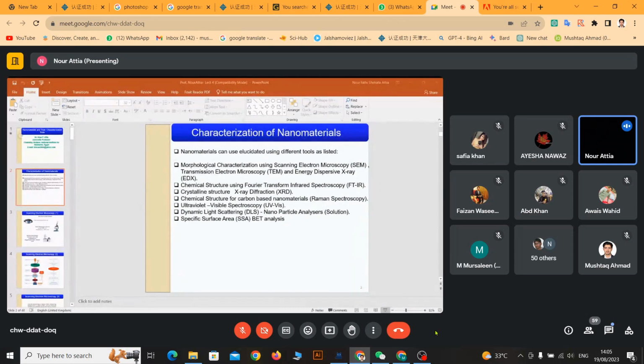transmission electron microscope, and the energy dispersive X-ray, which is a unit equipped to transmission and equipped to scanning. Okay, and the chemical structure using Fourier transform infrared spectroscopy, which we call FTIR, and this is everywhere, and crystalline structure using X-ray diffraction, and the chemical structure for carbon-based nanomaterials using Raman spectroscopy, and it's very, very important.